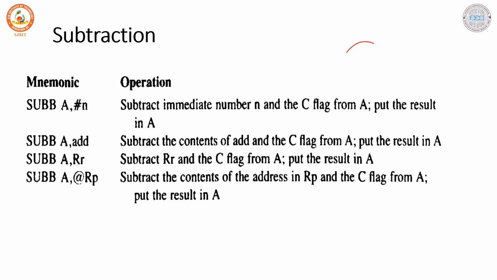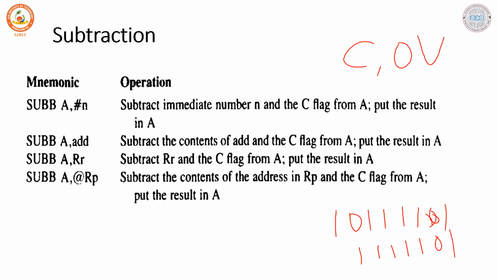Similarly, we have the overflow flag. This overflow flag is set if a borrow is needed from bit 6, but no borrow is required from bit 7. Say that I have 10111101, and whenever I am performing a subtraction like this, when a borrow is needed for bit 6 but not for bit 7, in that situation the overflow flag will be set.